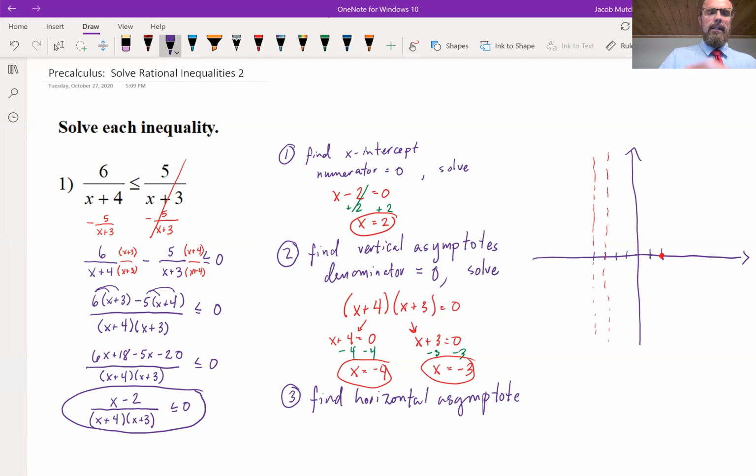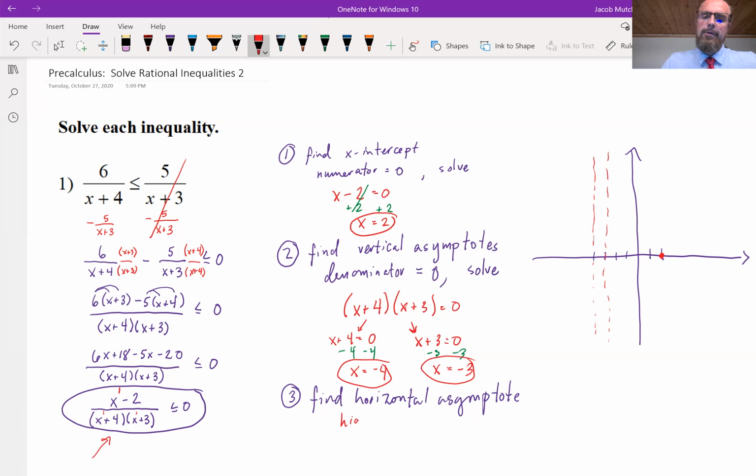So if I look at the circled one where I've got the fraction on the left and 0 on the right, I see that my high power of x in the numerator is 1. In the denominator, I have 2 occurrences of x. Now they're factored. If I were to multiply those back and distribute, that would be squared. So the high power, if I were to look at it like a polynomial, would be in the denominator.